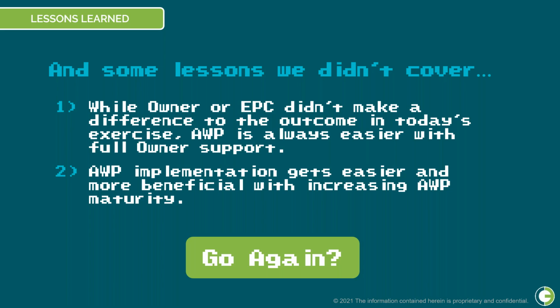When CII talks about that 10% saving, that's a goal, an aspirational thing, and it only happens for those companies at the highest level of AWP maturity. We were playing a scenario here today where we were doing this for the first time. So the ROI reflects the fact that this is a first time implementation for us, and we're still going to have lots of lessons learned.